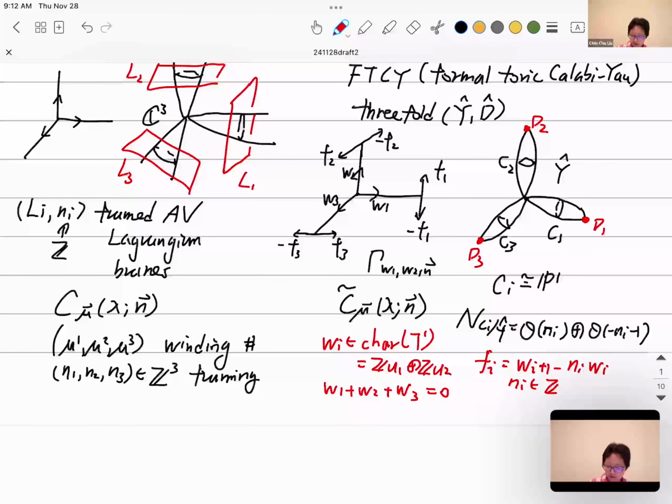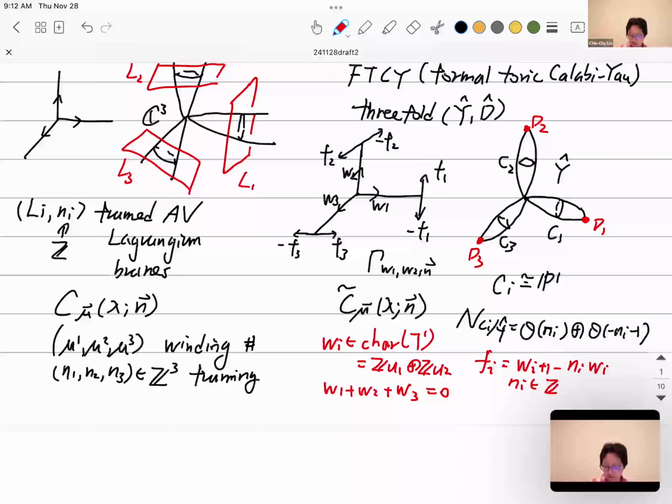We define a moduli of relative stable maps to this configuration, counting curves that map to this configuration of 3 curves. And we also specify the ramification pattern along the divisors D1, D2, and D3. The ramification patterns are specified by the 3 partitions mu1, mu2, and mu3.